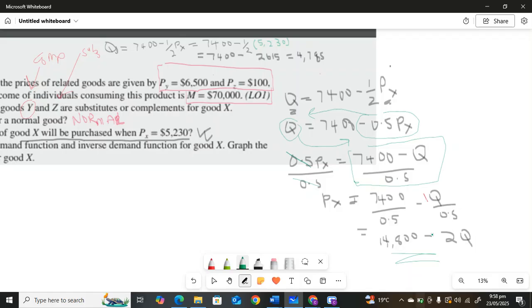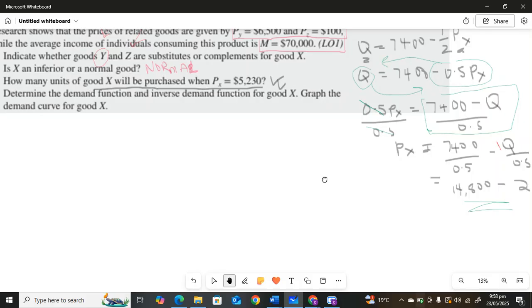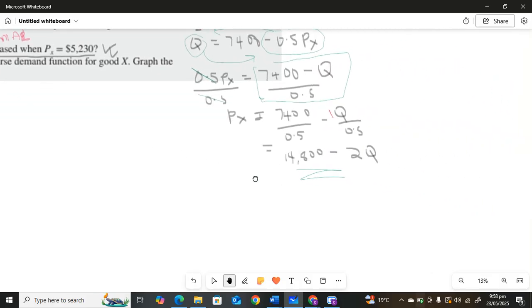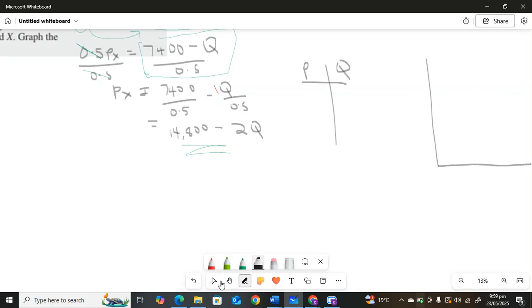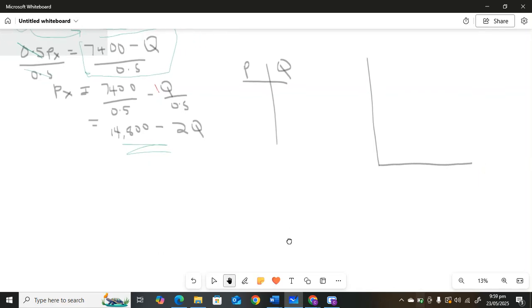I believe we know how to graph. It says graph the demand curve for good X. From the demand function, you can tell what range of units to use.